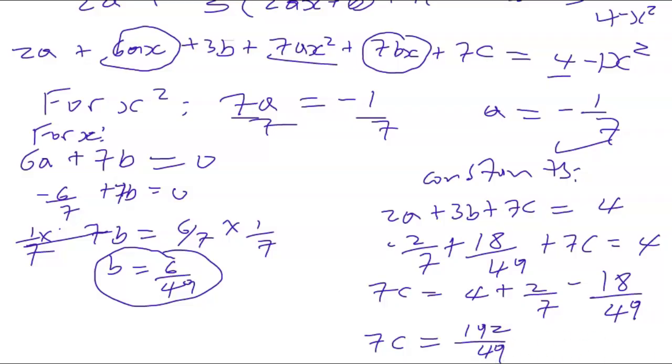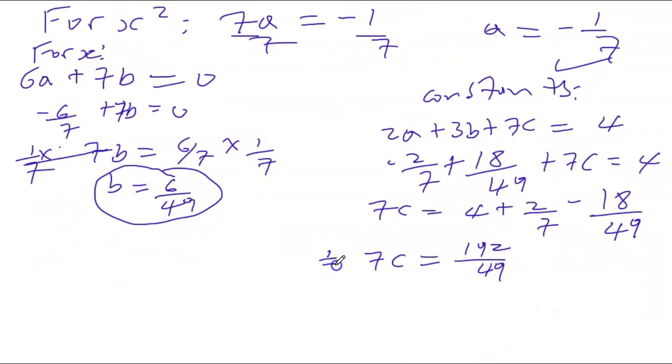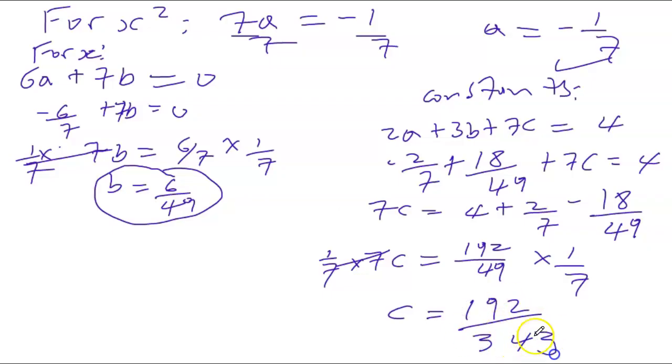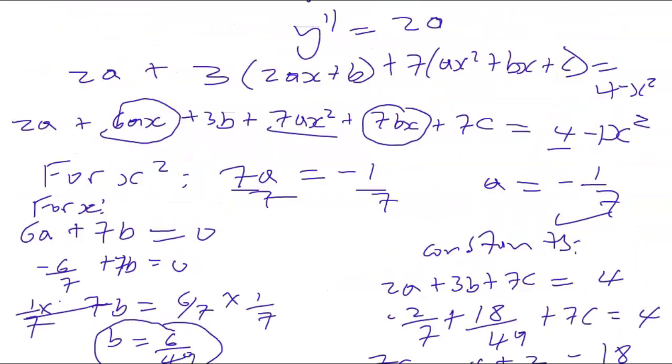So we can multiply both sides by 1 over 7 to solve for c. So 1 over 7 cancels 7, and c would be 192 over 343.